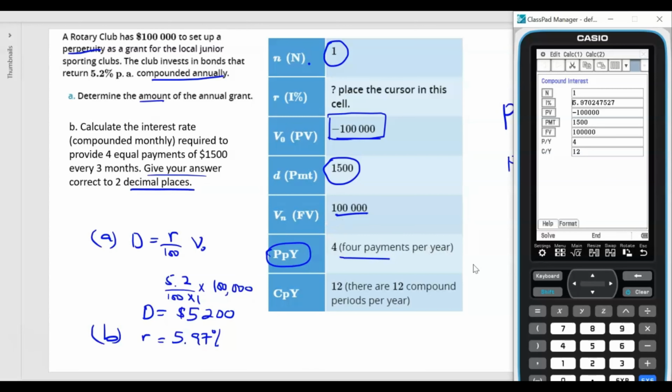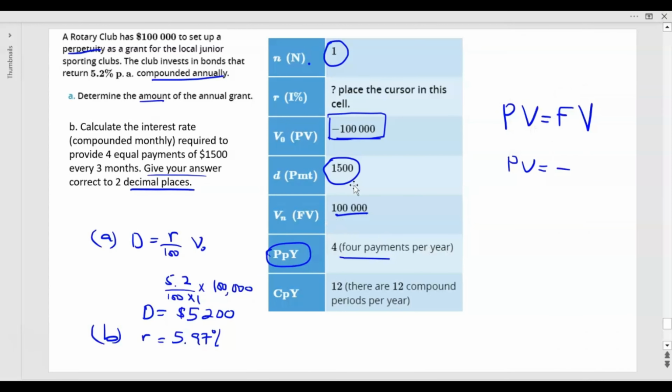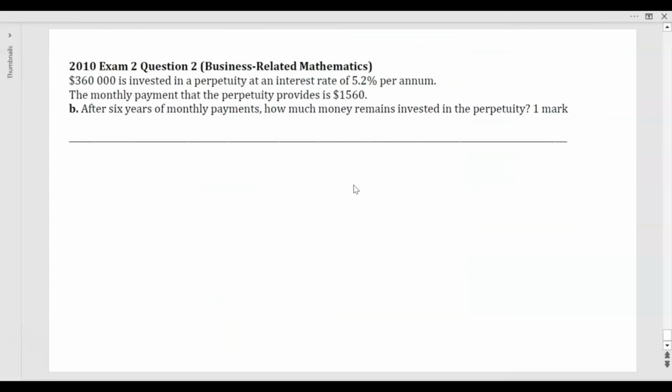Let's have a look at another example on this concept. This is an exam question: 360,000 is invested in perpetuity at an interest rate of 5.2 per annum.